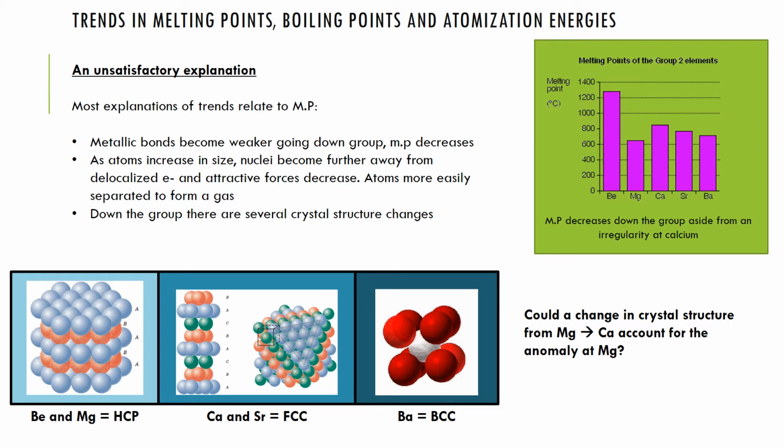Calcium and strontium adopt a face-centered cubic structure, and barium adopts a body-centered cubic structure. So the question is, could that change in crystal structure in going from magnesium to calcium, from hexagonally close packed to face-centered cubic, account for this somewhat anomalous melting point value?